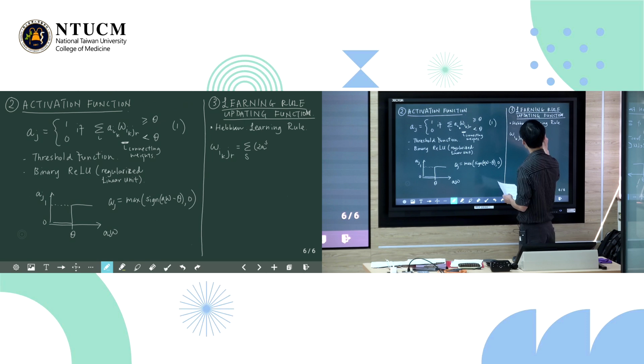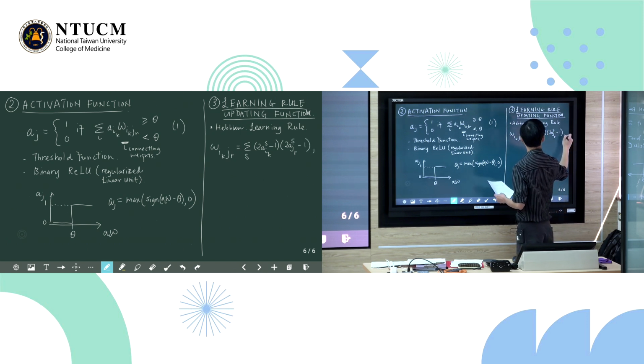This is 2 times the input of the kth node for the S state minus 1, times 2 times the output of unit R for the S state minus 1.